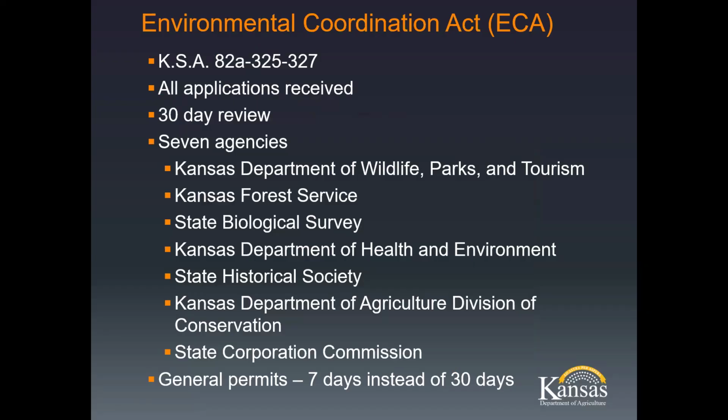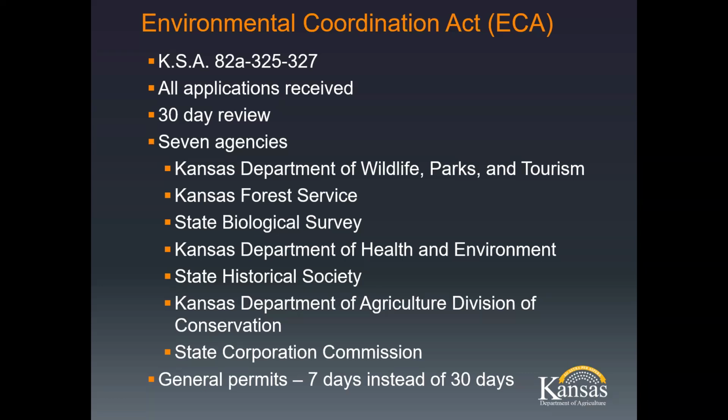In that 30-day review, 7 agencies, the Kansas Department of Wildlife, Kansas Forest Service, State Biological Survey, Kansas Department of Health and Environment, State Historical Society, Kansas Department of Agriculture Division of Conservation, and the State Corporation Commission have 30 days to review your application for environmental impacts. So when we get your application, we turn it over to the Environmental Coordination Act. That does not mean that we don't review it in that 30 days. We will start a review. We will look at it. We will start asking questions while that 30-day clock is ticking.